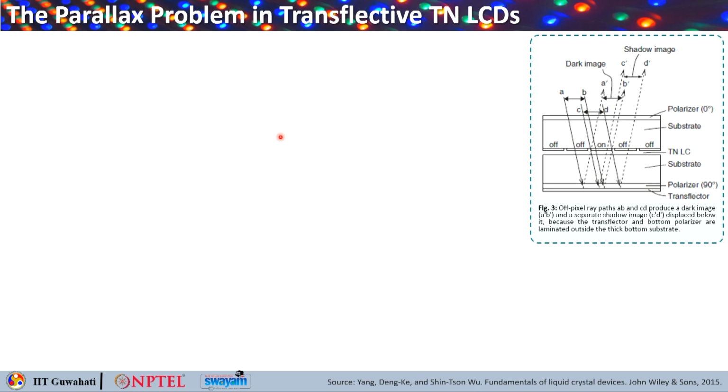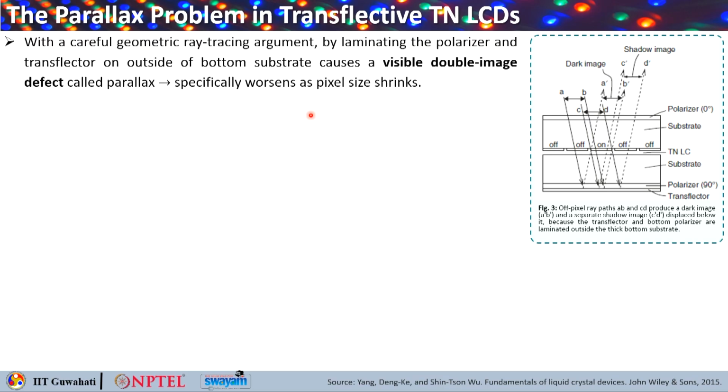Now let us look into the parallax problem in transreflective twisted nematic LCDs. With a careful geometric ray tracing argument, by laminating the polarizer and the transreflector on the outside of the bottom substrate, you can see a visible double image defect, which is called parallax.